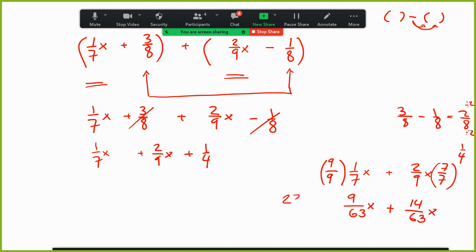Double check me. Yep, 23. What a terrible fraction. 23 over 63x, 23 63rds x. Okay, so I think we're done. We've combined the two x terms to 23 over 63x, and it's plus 1/4.